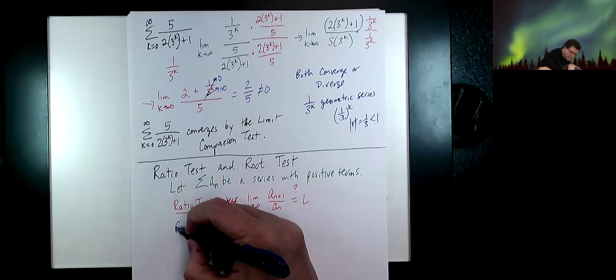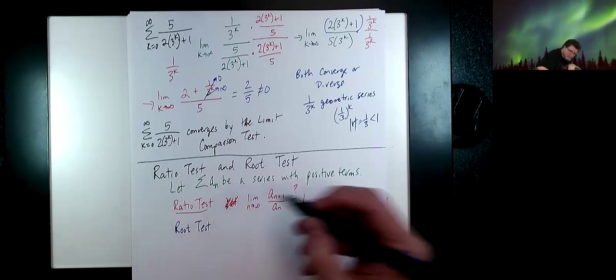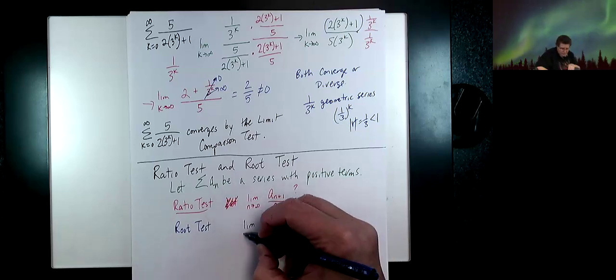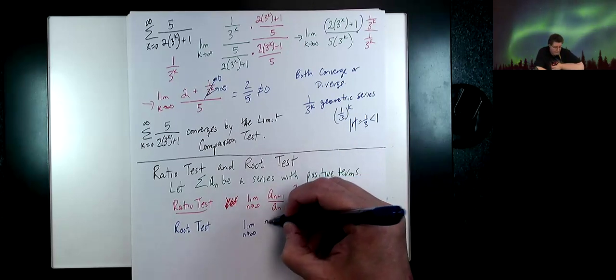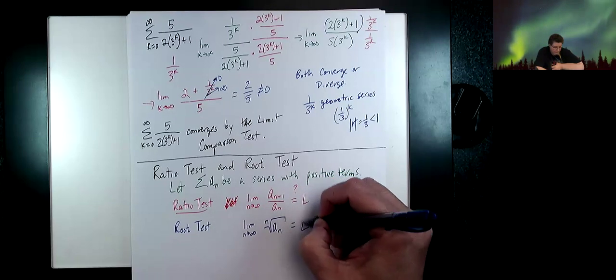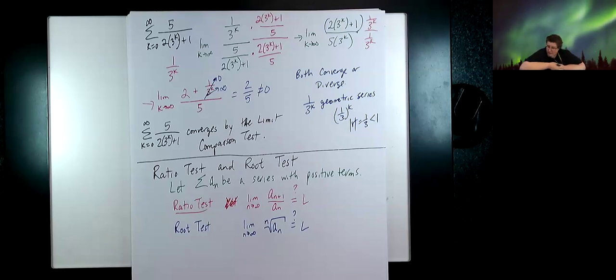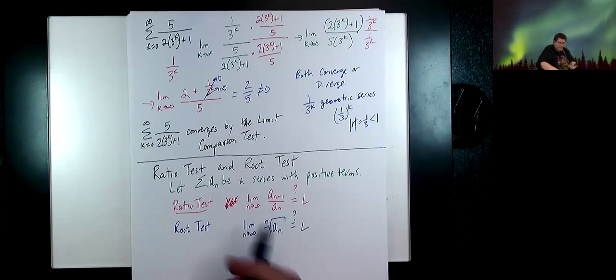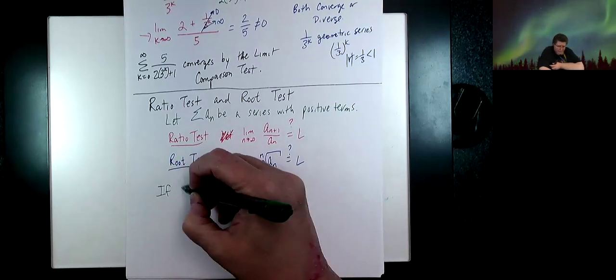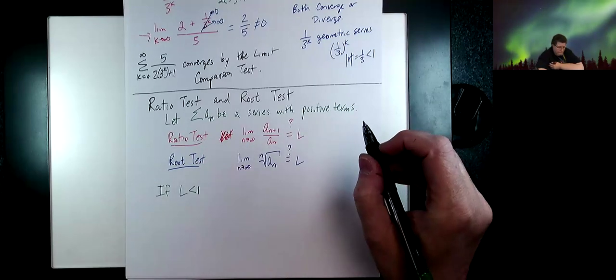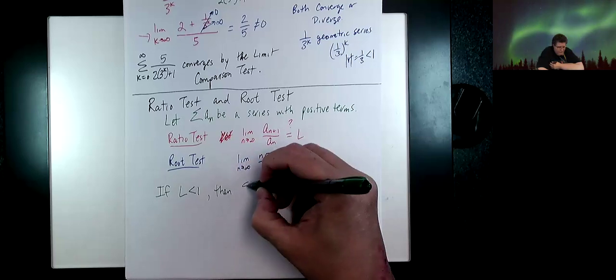And the root test is the limit as n goes to infinity of the nth root of A sub n equals L. So if L is less than 1, then the summation of A sub n converges.